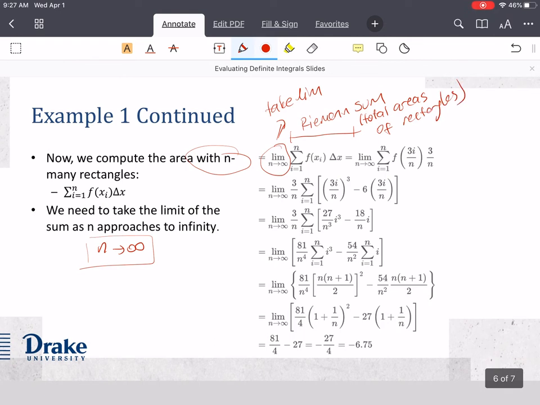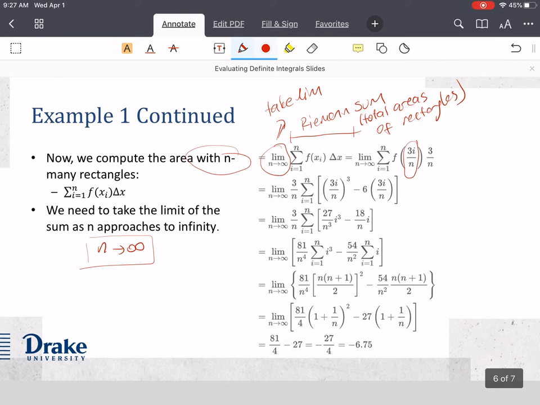Okay. So this whole process seems to be a little bit chunky, but it's not too bad to follow. So what we're doing here is first we're going to rewrite the f of xi. So the way I'm going to do that is 3i over n.